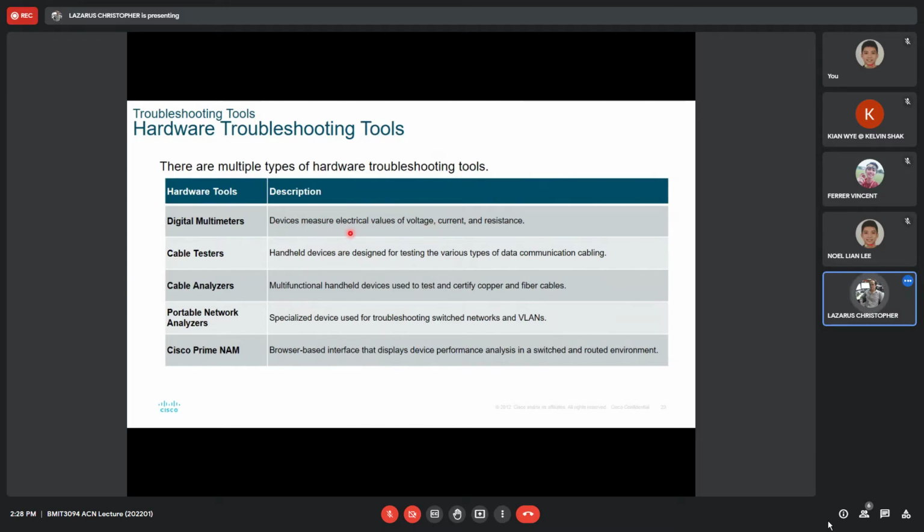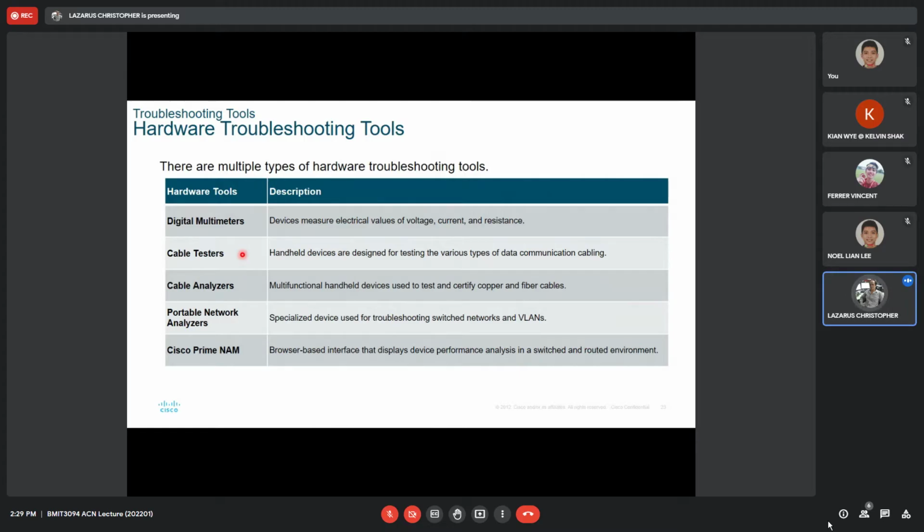What is the voltage? What is the resistance? You need a multimeter.